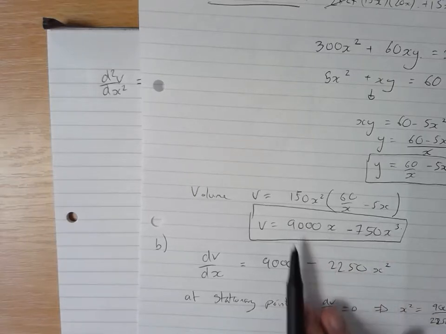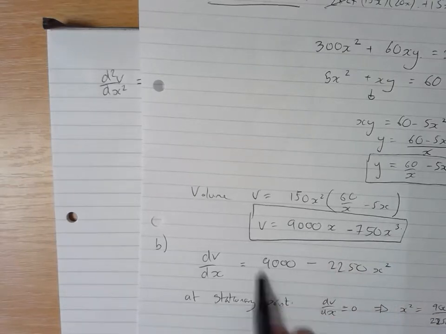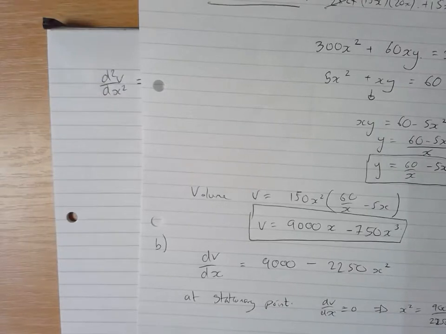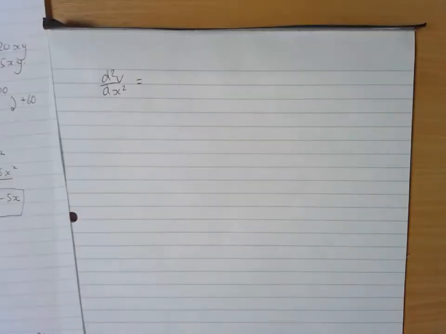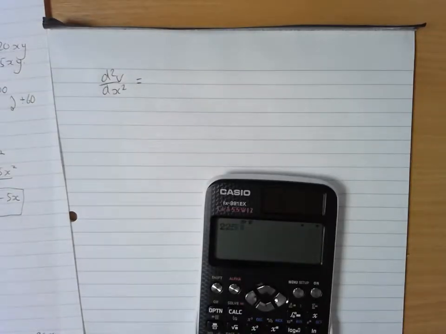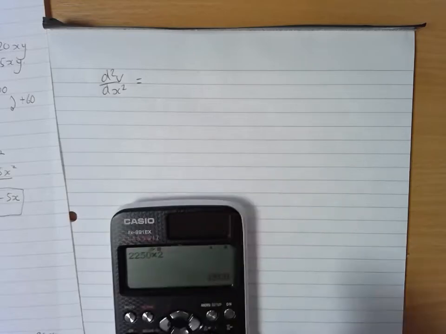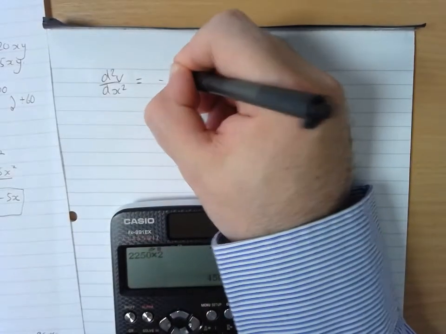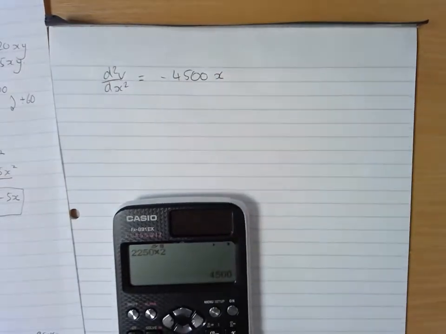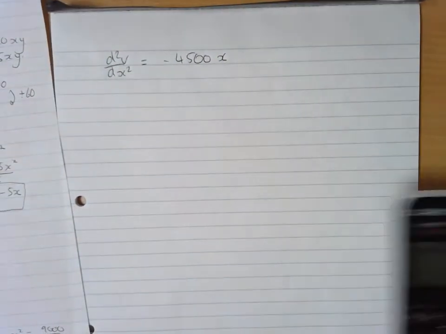This 9000 here is going to disappear when we differentiate. We're going to get 2 times this. So we're going to get 2250 times 2. We're going to get minus 4500x. So this is our second derivative.